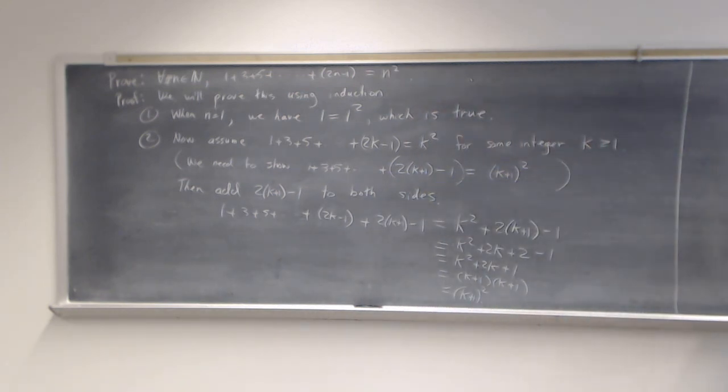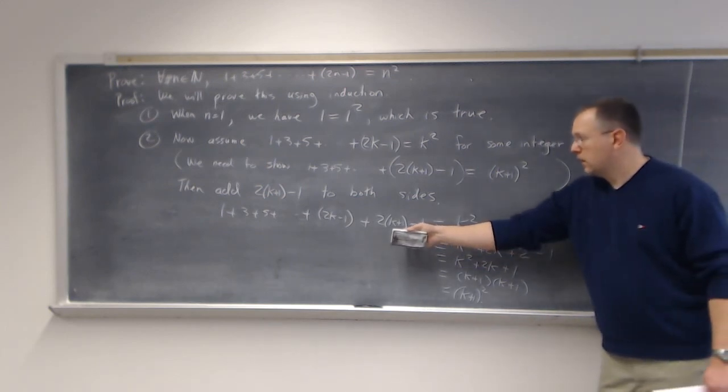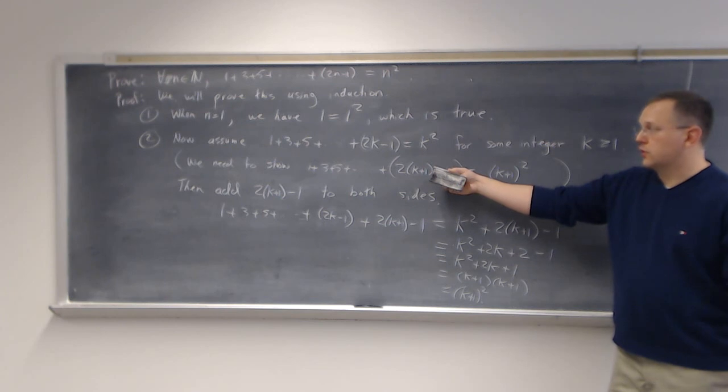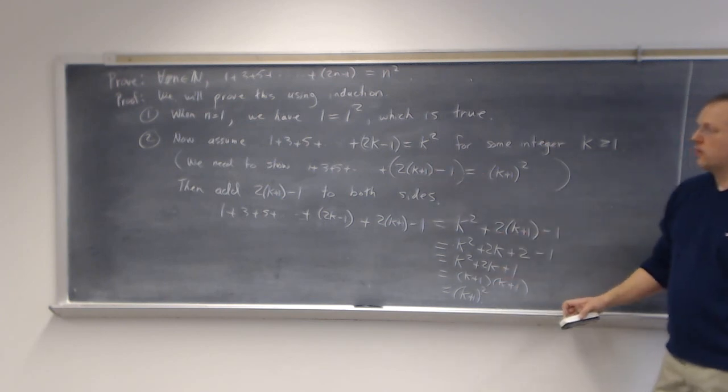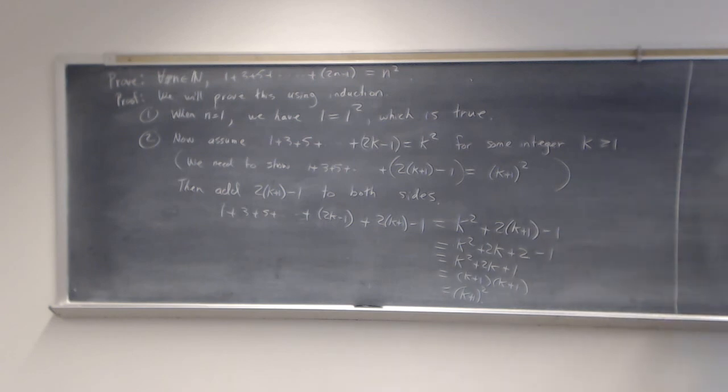Let me kind of finish this up. That's the main idea here. I've really shown this equation is true now. The left-hand side does actually equal k plus 1 the quantity squared. So just to wrap it up, let me wrap up the inductive step.